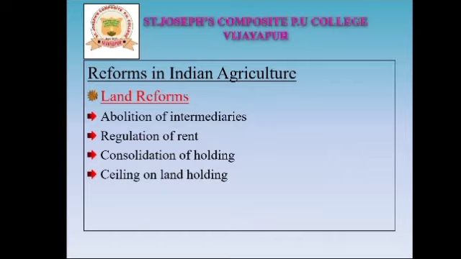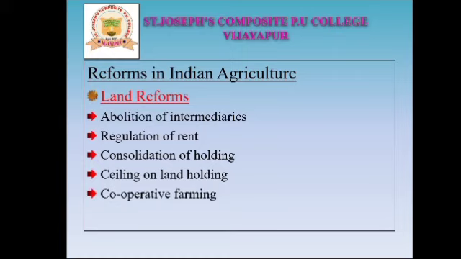Next one, ceiling on land holding. That means fixing the maximum size of land in order to improve agricultural productivity. Fixing the maximum size of land will help the farmers to produce more.